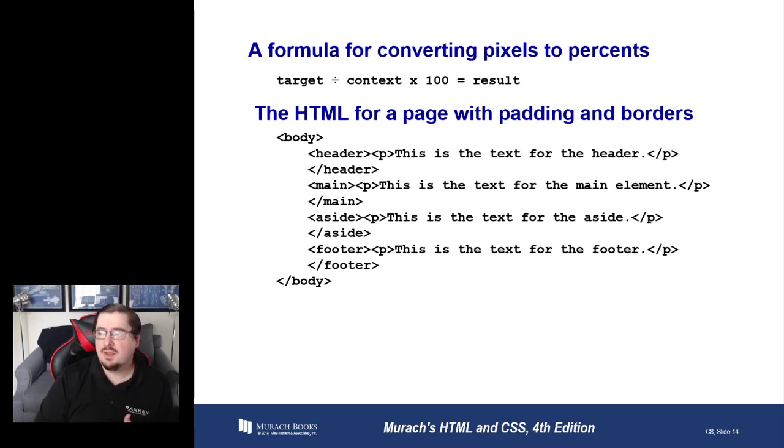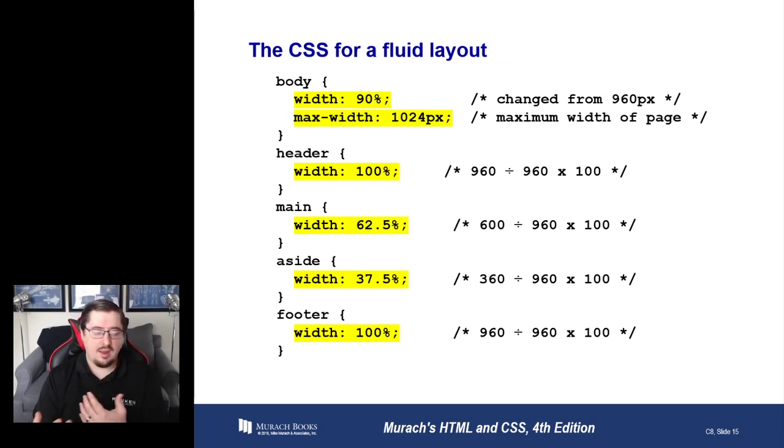So if we start with this page, we've got some basic HTML. This is based on that previous diagram where we have a header, a main, an aside, and a footer. Let's say I take those fixed widths that I had previously, and here's how some of those calculations fall out. This is how we're going to change the CSS: from setting the body to 960, we set it to 90%. For both the header and the footer, we're going to change that to 100%.